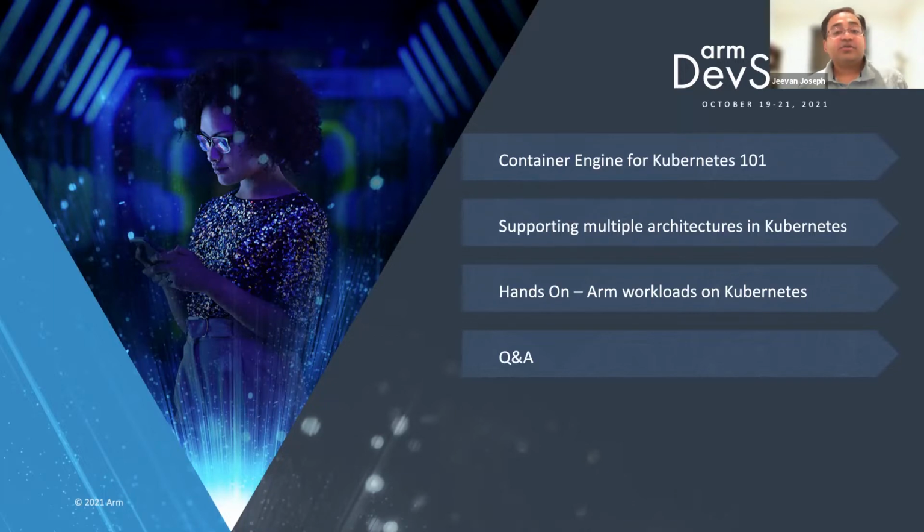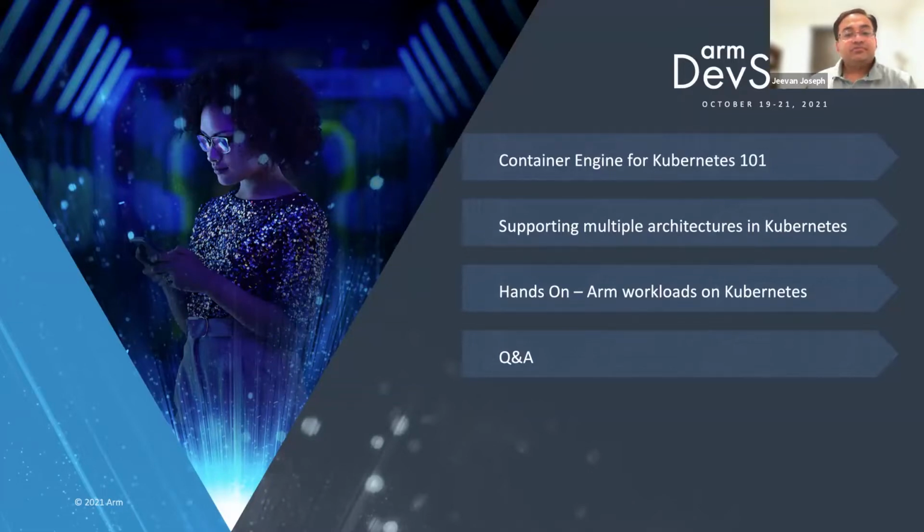Then we'll talk about supporting multiple architectures in Kubernetes. And then we will move on to the hands-on workshop and do a quick Q&A. But during any time in the workshop, if you have questions, please feel free to use the Q&A section in Zoom, or there will be a couple of spots inside this hands-on where we are waiting for stuff, and we'll open up for questions along the way.